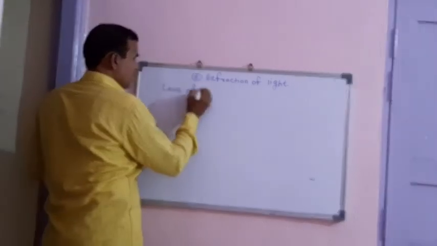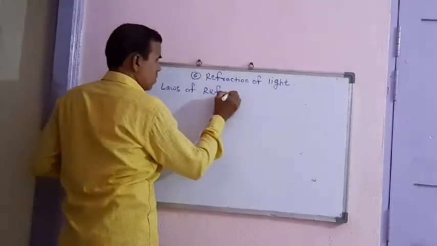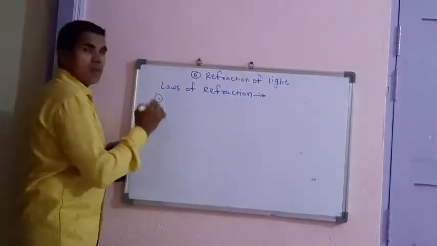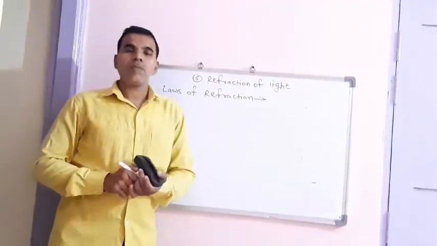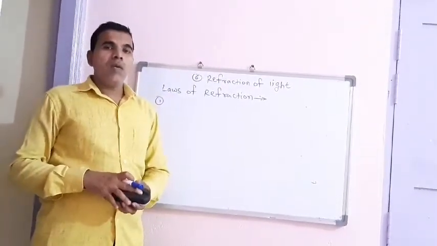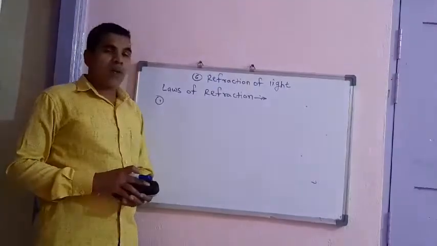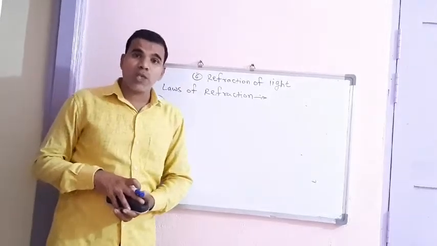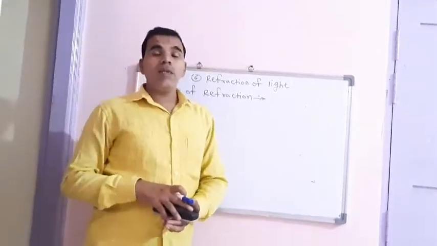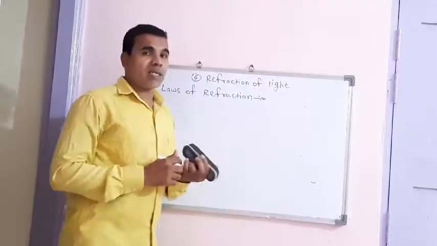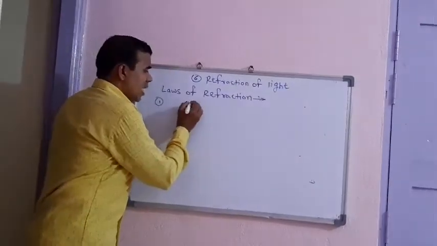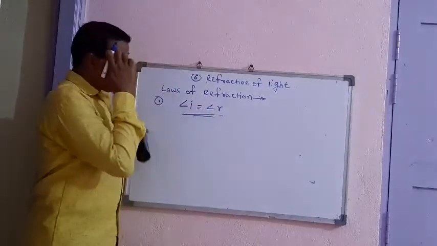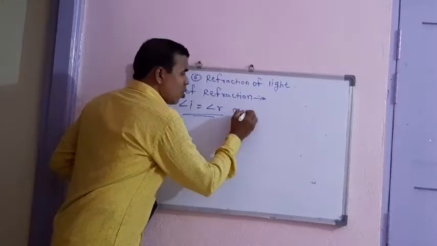Laws of refraction. First law: the angle of incidence and angle of refraction are opposite to each other and they meet at a normal.